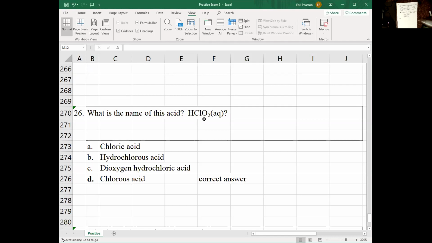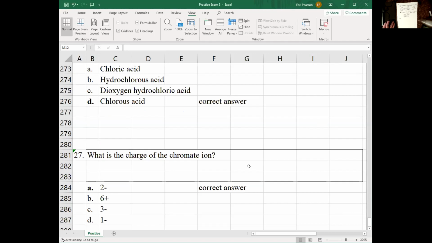So it's chlorous acid. It's not oxygen hydrochloric acid. Actually, that came in as an answer on a test one time. And I thought, hey, that's cute. That looks good. I like it. Wrong, but I like it.